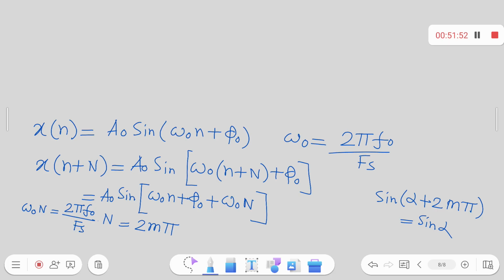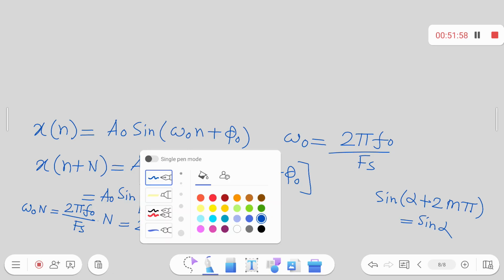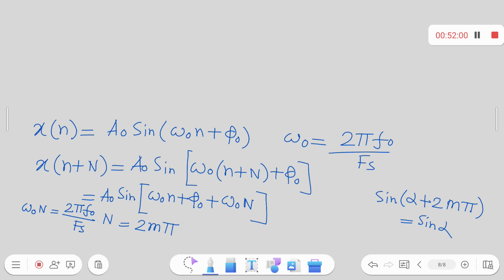If this is 2m pi, you equate this, the 2 pi gets cancelled. So f naught N by fs has to be equal to some m.